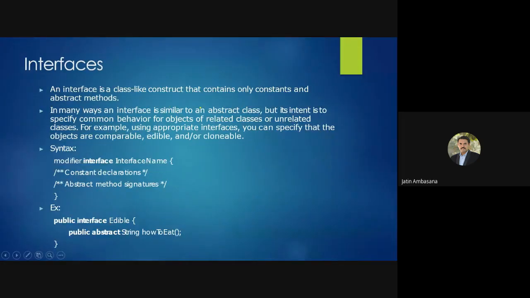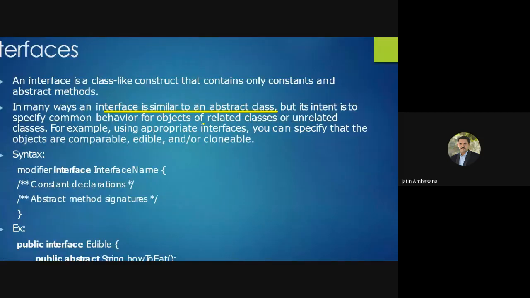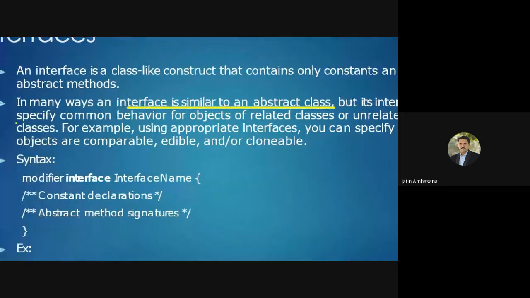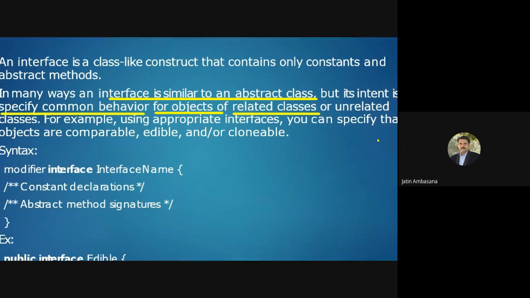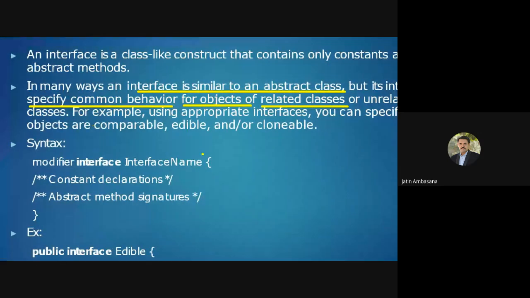So what happens is, interface is similar to an abstract class, but its intent is to specify common behavior for objects of related classes or maybe unrelated classes. It specifies some common behavior. Right?